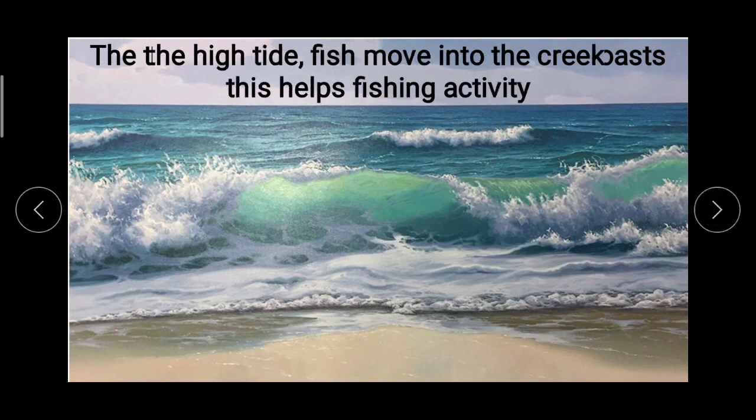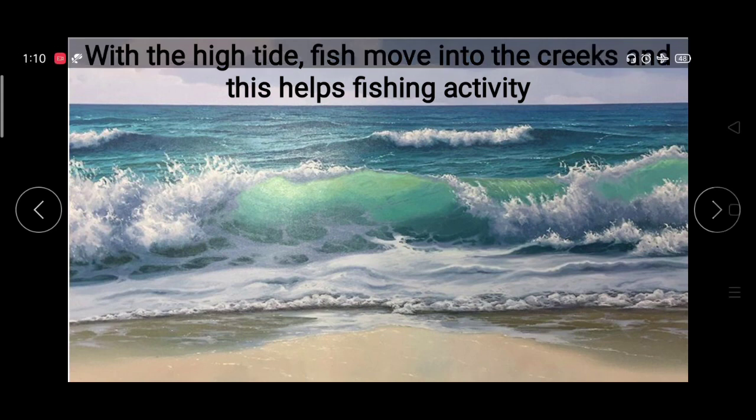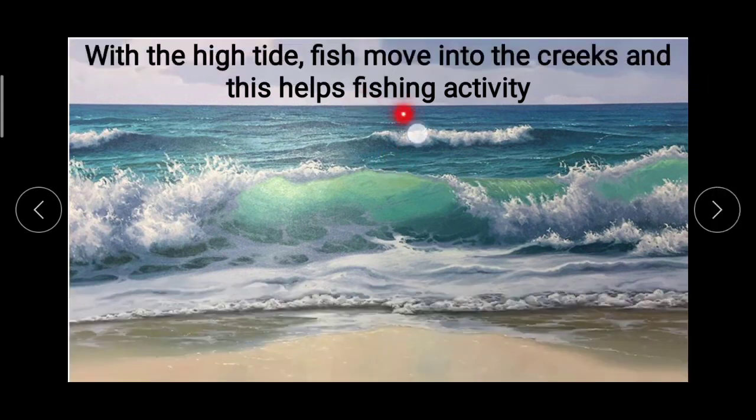With the high tide, fish move into the creeks and this helps fishing activity. Now this one is a good thing for the fishermen but not good for the fish.